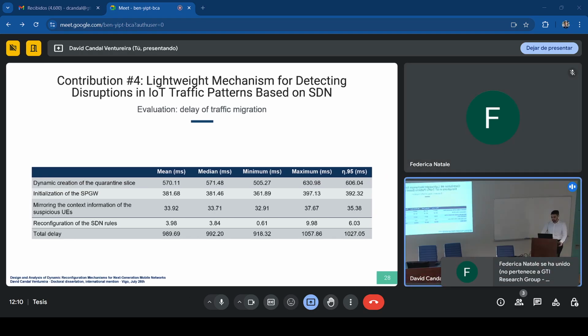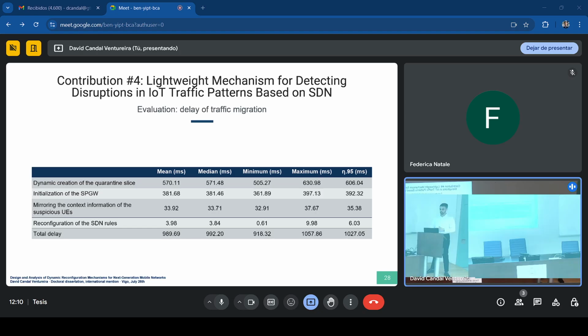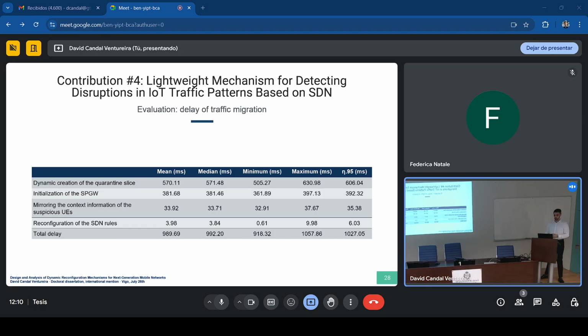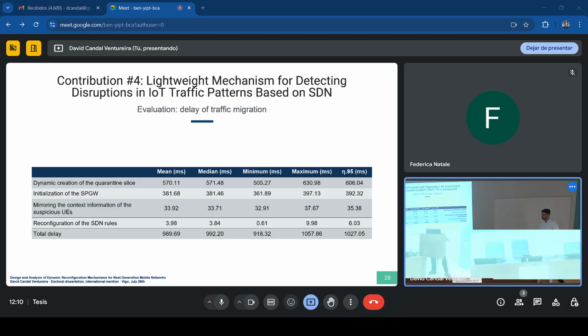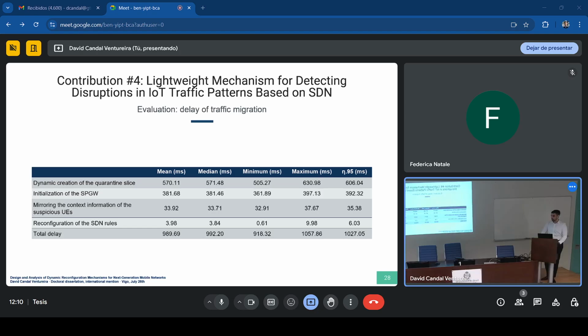And in this regard, the delay can be reduced to just 4 milliseconds if the operator maintains the quarantine slice running and mirrors the context information of all the data sessions beforehand, although this would imply a greater use of computing resources.